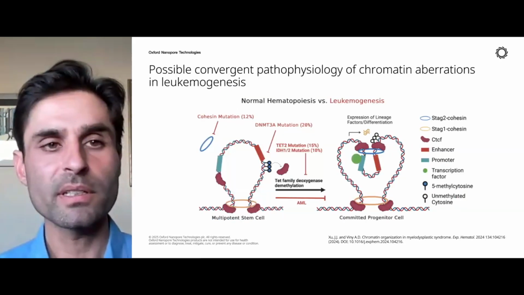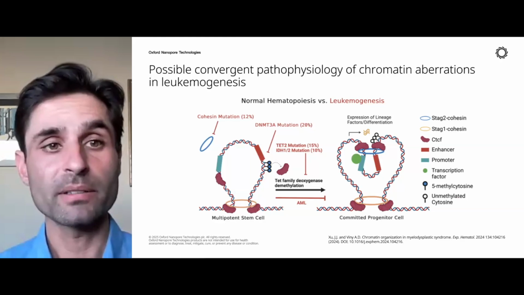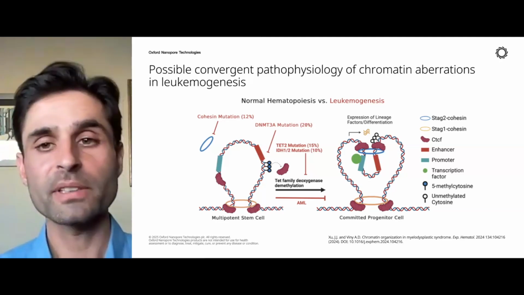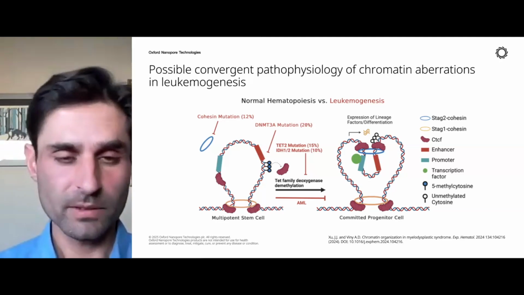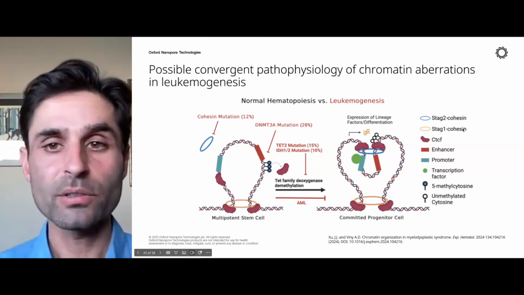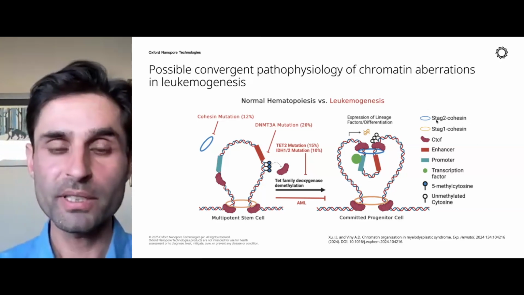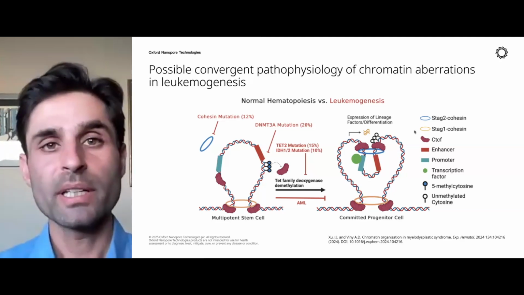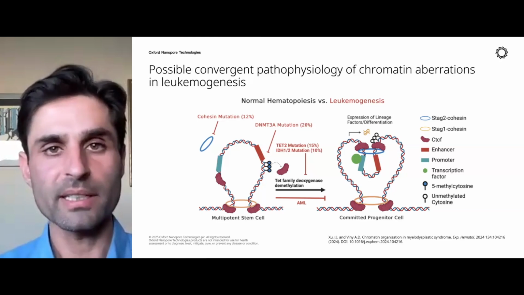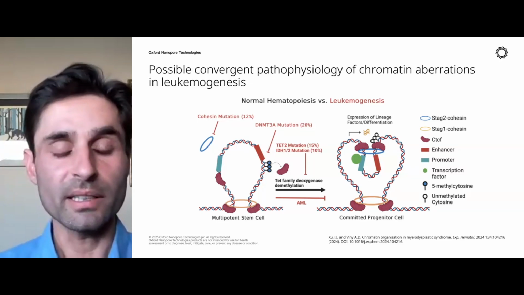So the case we're going to be talking about today is some work done by Dr. Aaron Viny at Columbia, where they look at myelodysplastic syndrome, and specifically the work we're going to be looking at is what happens when you take the STAG2 protein, which is one of the proteins in the cohesin complex, and you knock that out in bone marrow. So they have a mouse strain that has this protein knocked out.